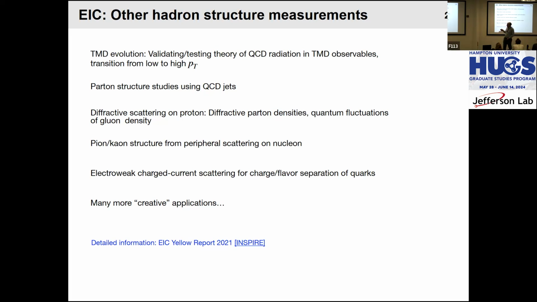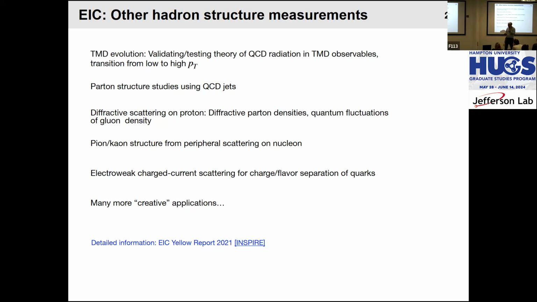There's a whole program on diffractive scattering on the proton, which aims to extract so-called diffractive parton densities, and in a certain sense can measure the quantum fluctuations of the gluon density in the proton as opposed to just its expectation value. There's a program of studies of pion-kaon structure involving peripheral scattering on the nucleon. There's also a whole program of electroweak charged current scattering for charge and flavor separation of quarks.